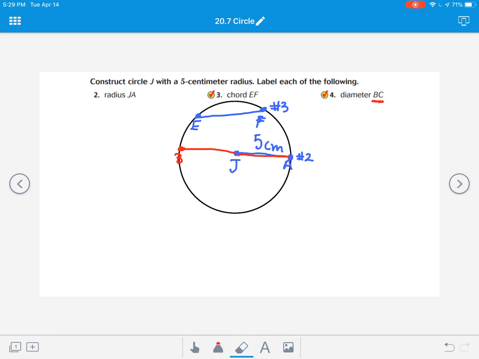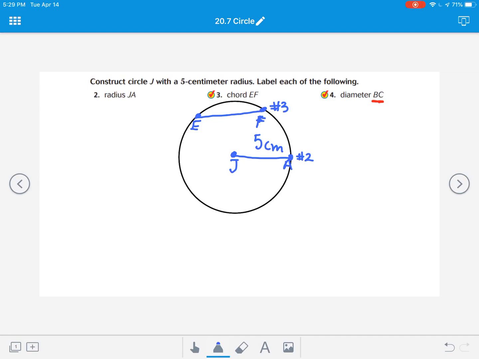So it doesn't always have to be connected to a line where you drew the radius. It can be in another area as well. So I'm going to go ahead and fix that up. Again, I had my radius showing here, JA. I'm going to do the center diameter line in another spot. So I'm going to do it across. Let's see.